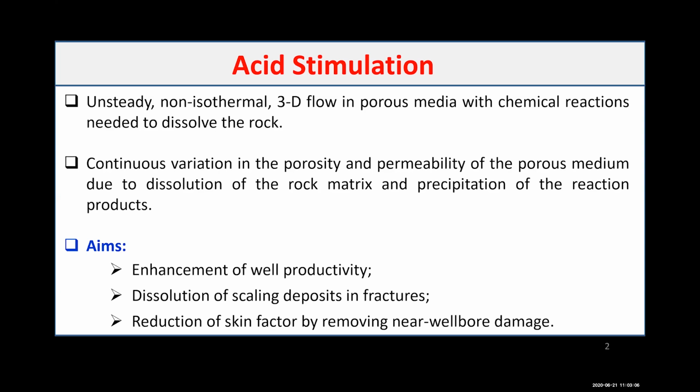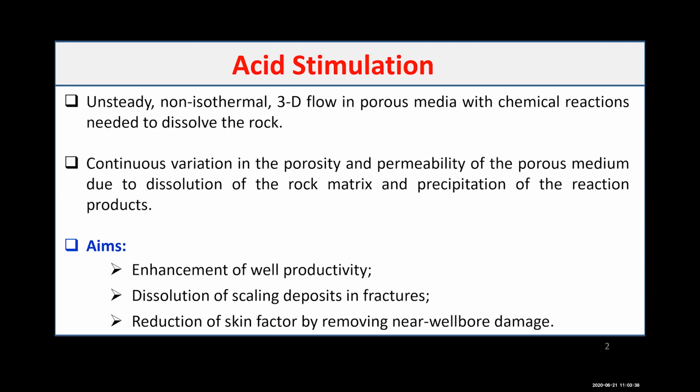And as the word acid means, we have a chemical. So we are injecting a chemical that will react with the rock. This reaction will allow the rock to be dissolved. And as we are dissolving the rock, we have a continuous variation of both porosity and permeability. As you dissolve the rock, you have an increase in the porosity, and hopefully also an increase in the permeability. However, in any reaction, you will have a reaction product, which will sometimes be a precipitate.